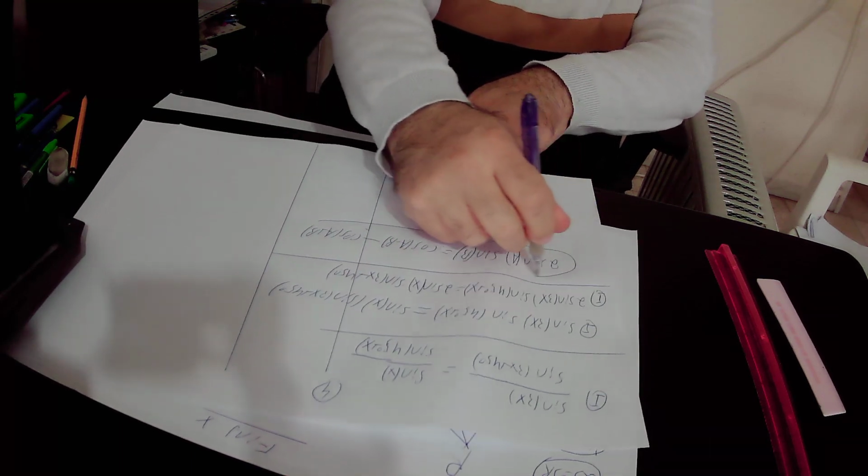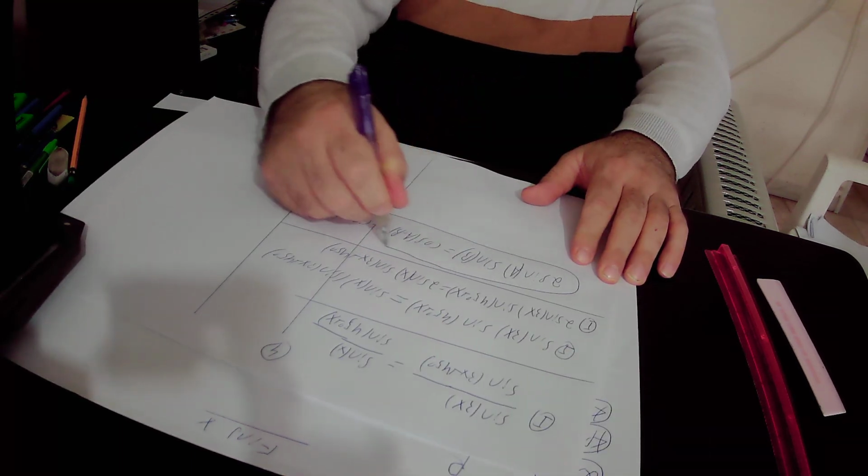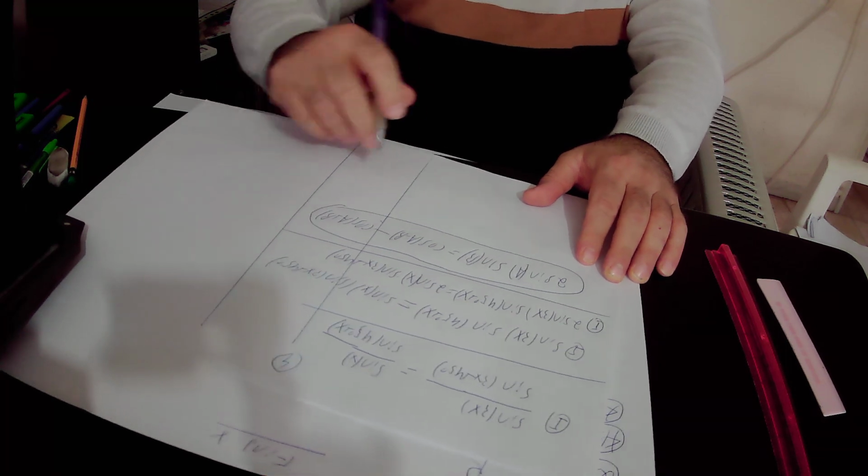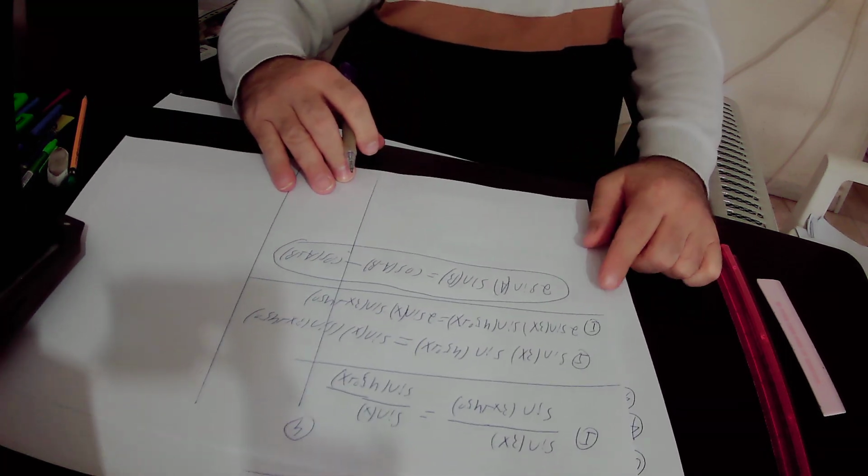We will use this trigonometric identity in order to simplify our equation number 1.